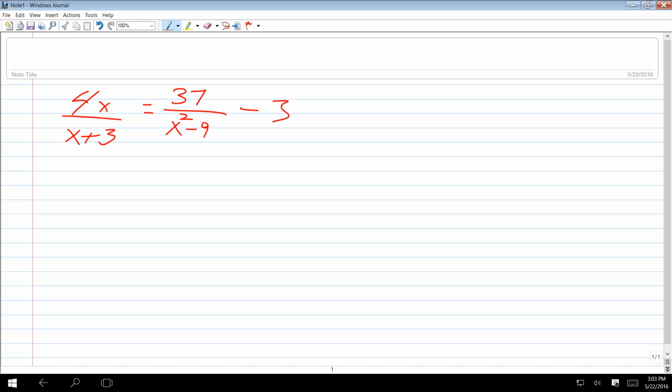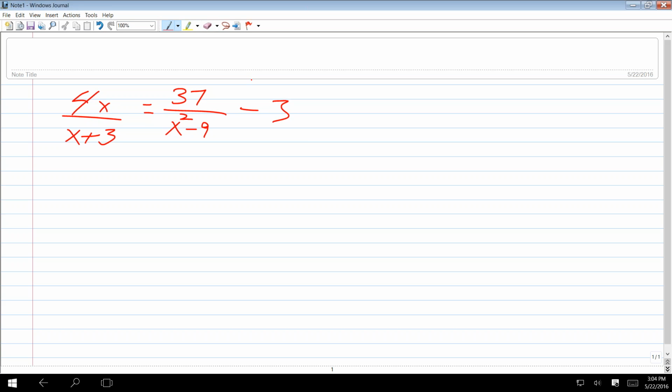Well, what's the first thing we can think of to do that we can see in this thing? Would you want to put 3 over x minus 9? Yeah, we could definitely do that. So how do I do that? In other words, what's the common denominator between 3 and this fraction here?